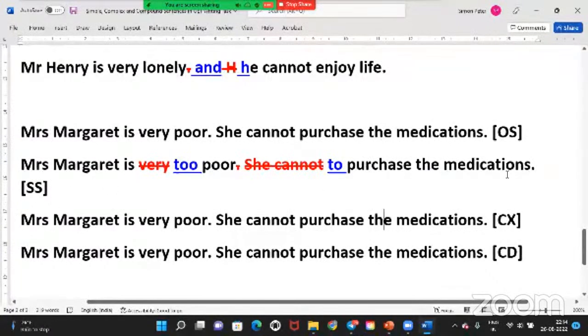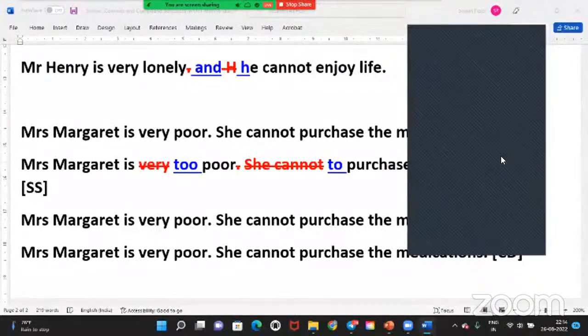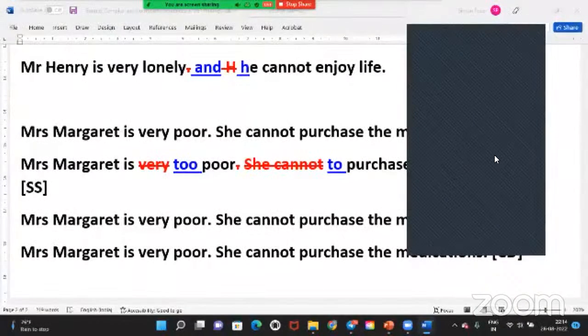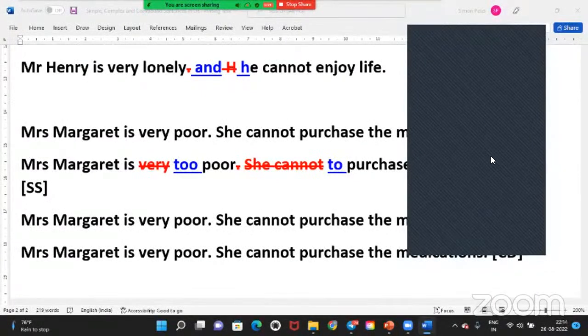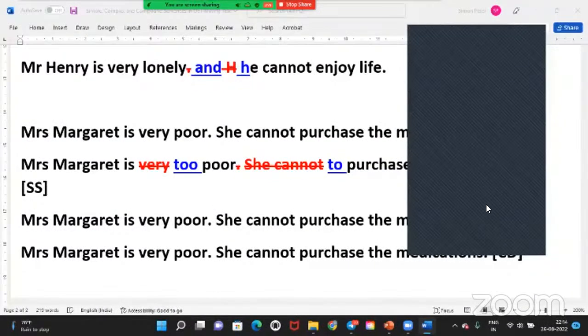Wow, wonderful. Next is Meera Manoj. So we have another new teacher now to teach us complex sentence. Hello, Meera Manoj. Can you unmute, please? Hello. Meera Manoj is busy, so who else is there?